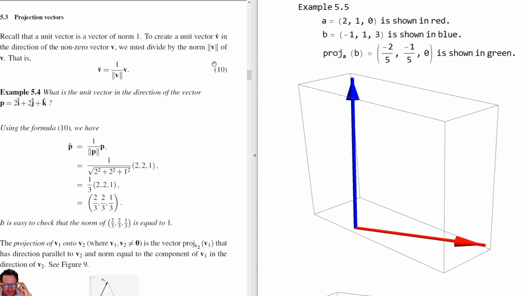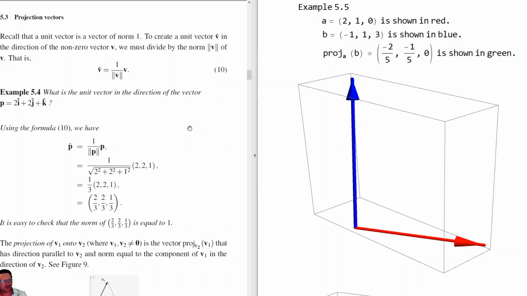So to create a unit vector v hat in the direction of the non-zero vector v, we must divide by the norm of v. So in other words, v hat is 1 over the norm of v times v. And that gives a unit vector that has the direction of v and norm 1. And so you could just take the norm of this and you'll find that the norm of this new vector is equal to 1.